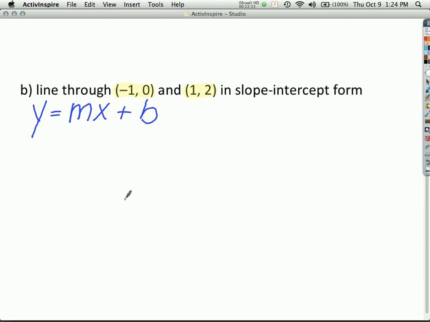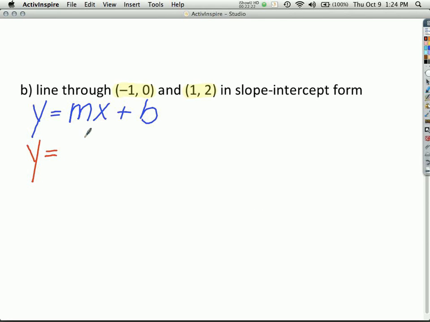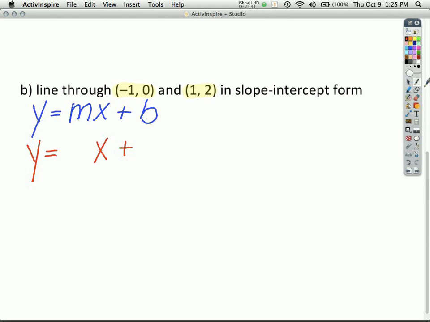The y and the x stay y and x. We have to supply the m and we have to supply the b. So we need y equals something x plus something. We have to fill those pieces of information in, which means we need the slope and the y-intercept.